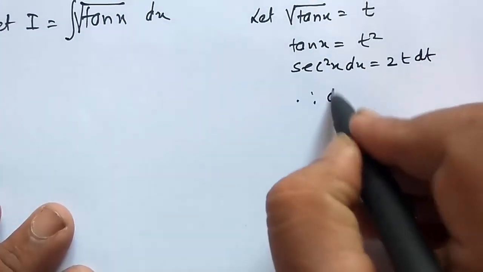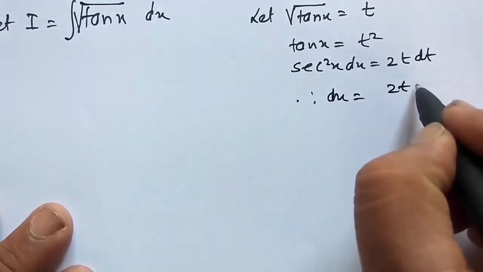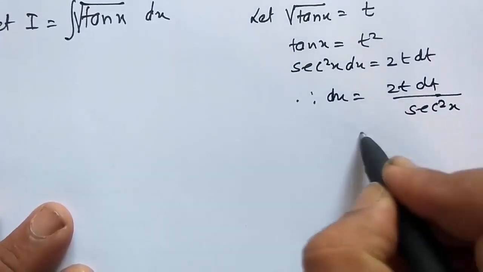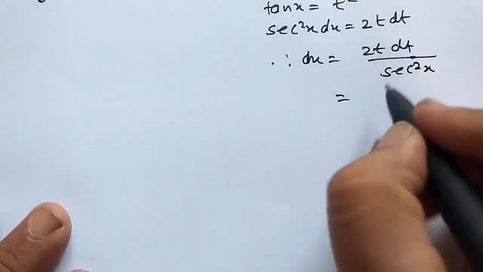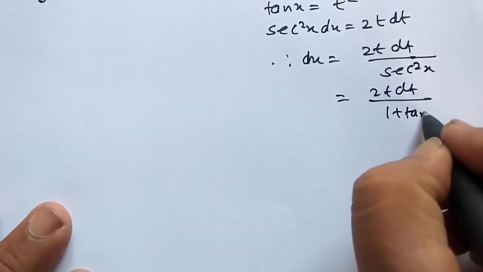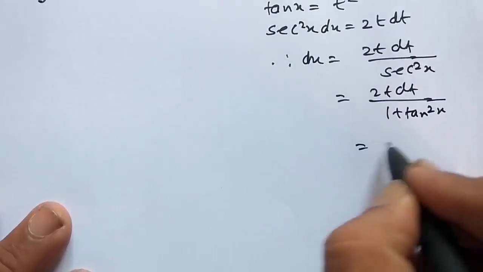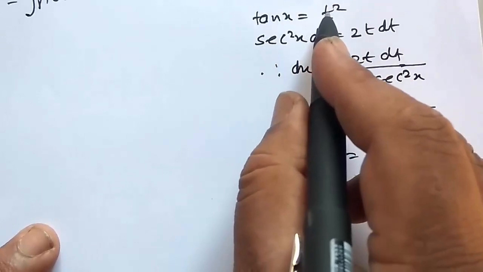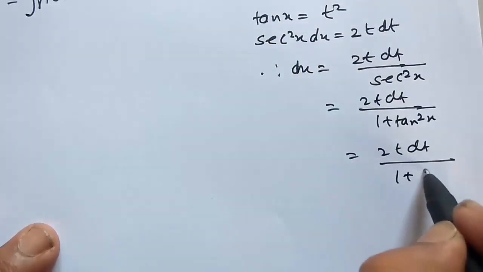Therefore, dx is equal to 2t dt upon sec square x, and sec square x is equal to 1 plus tan square x. So this is equal to 2t dt upon 1 plus t square whole square, tan x is equal to t square, so it becomes 1 plus t raised to 4.